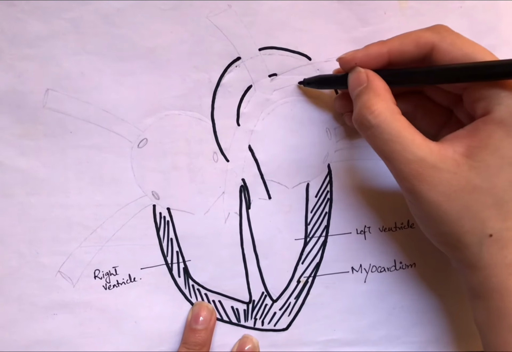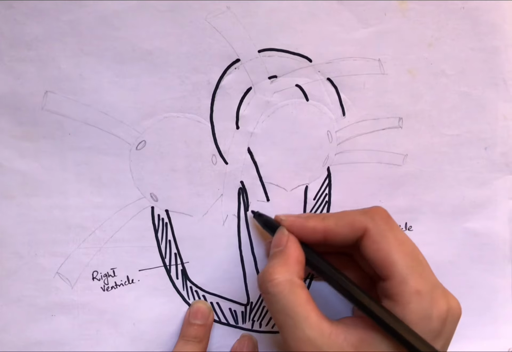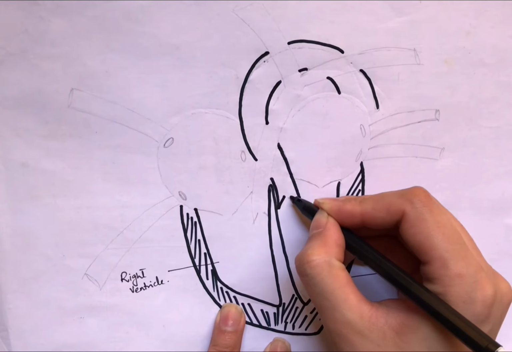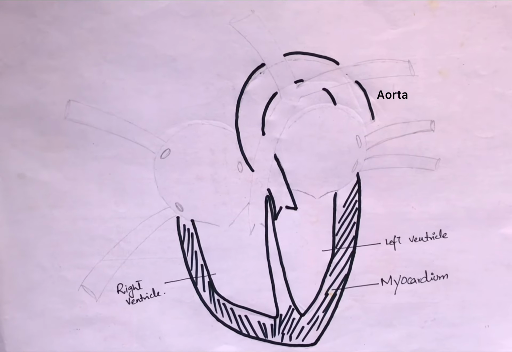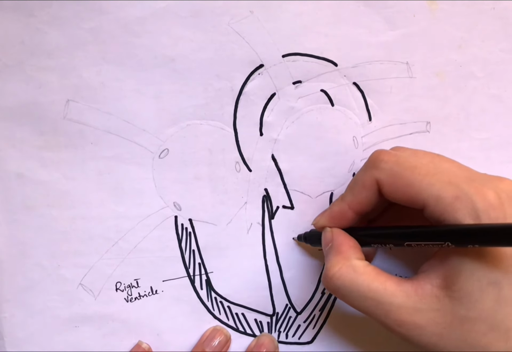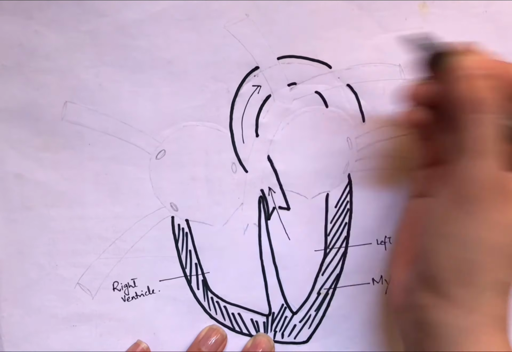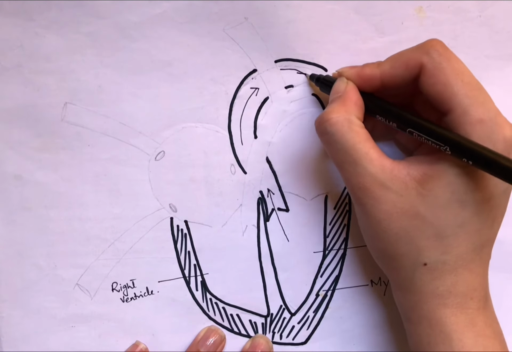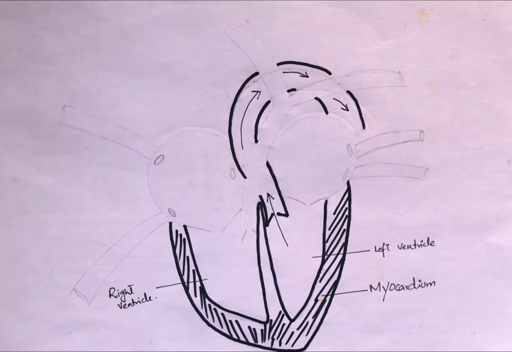So this is the aorta. Blood from the left ventricle, that is oxygenated blood, is carried through the aorta and it will supply your whole body. It is oxygenated blood.